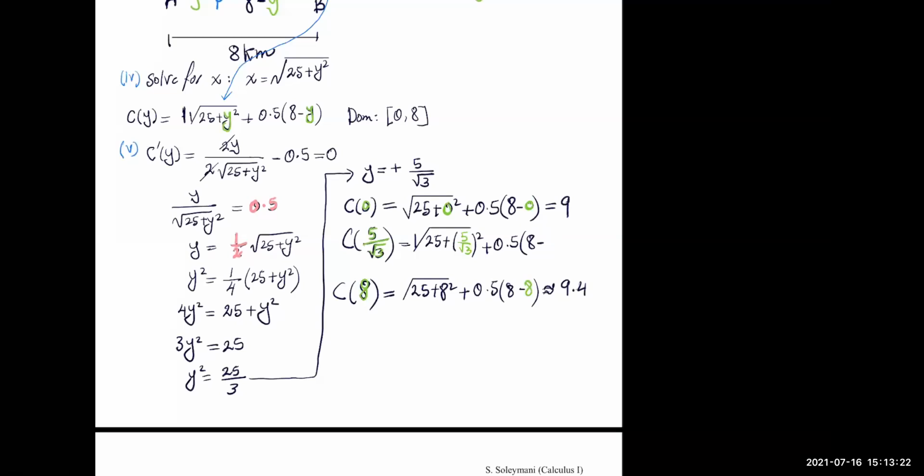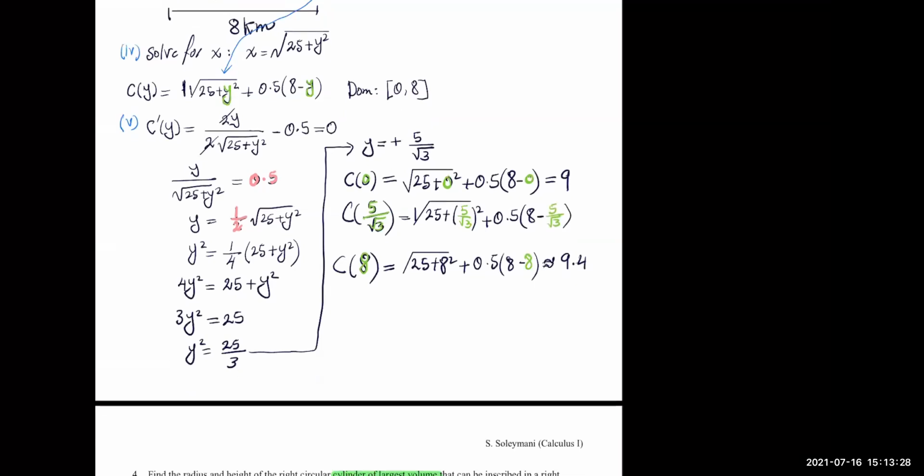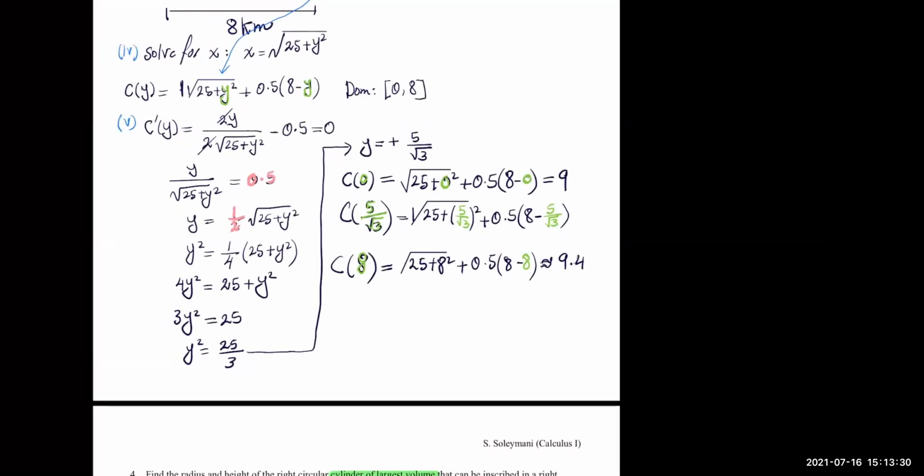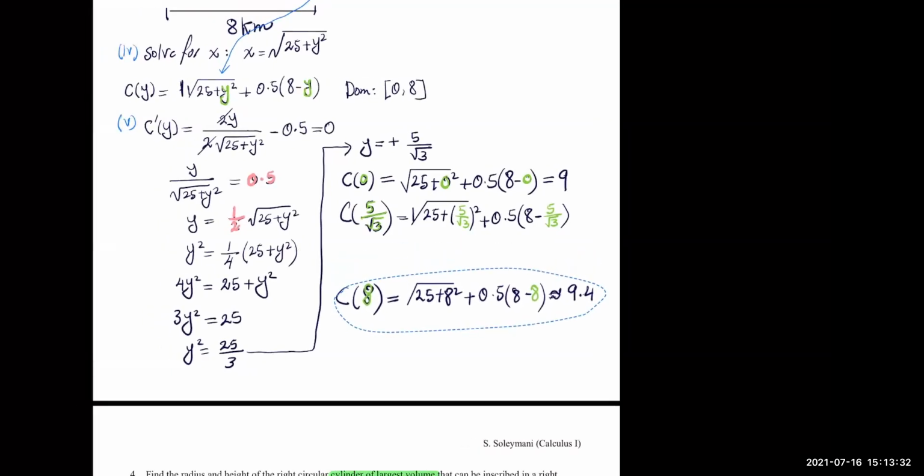And for this one, I for sure need a calculator because I'm dealing with an irrational number. So let me get this on the calculator for you. Yeah, this gives us approximately $8.33 million.